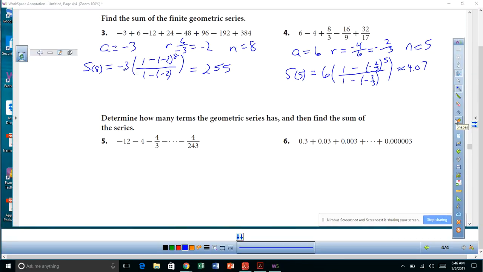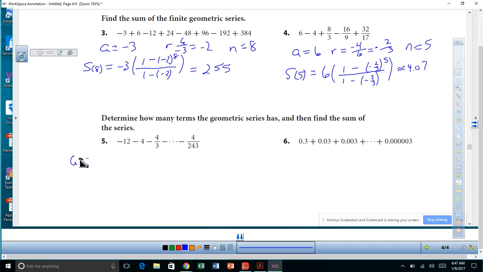All right, number 5. Determine how many terms the geometric series has. Okay, so it shows us what A is. We can calculate what R is, but we don't know what N is.